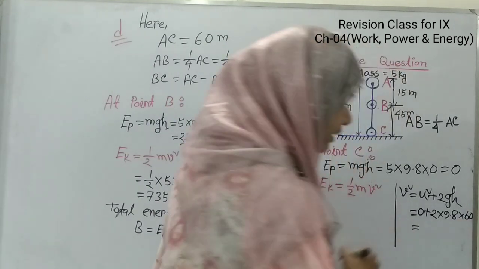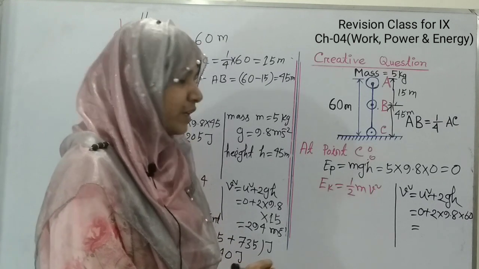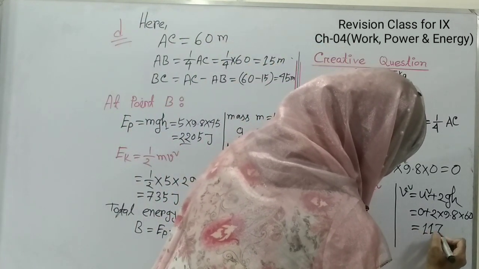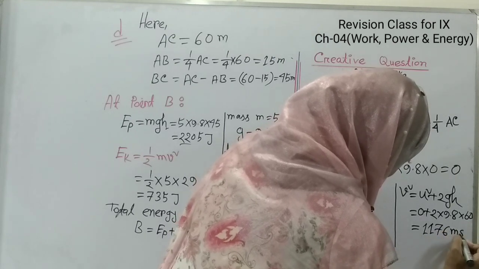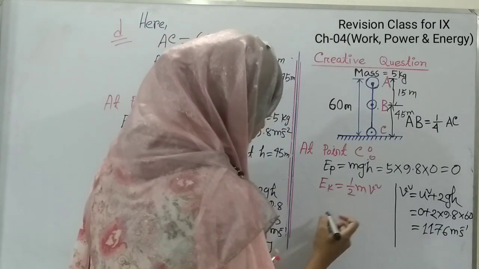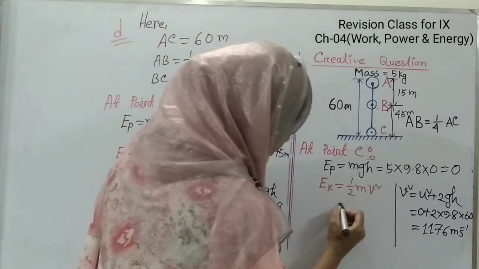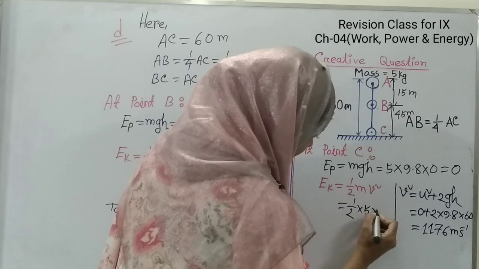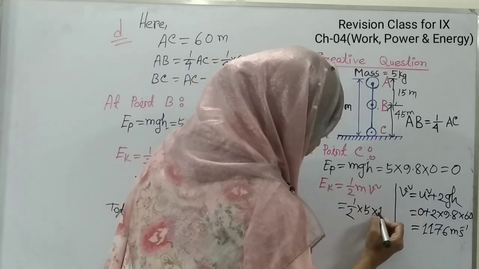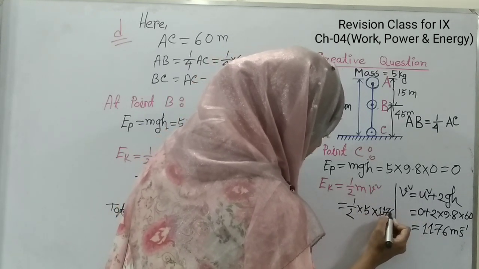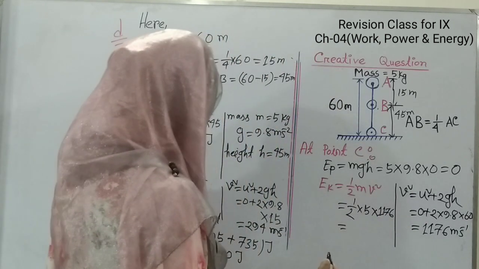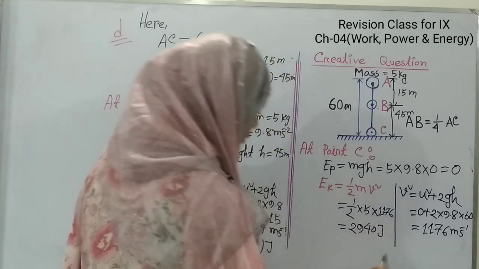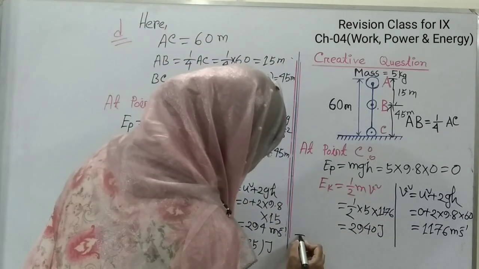So after calculating it, we will get the value of v square is 1176 meter per second. So now I am going to put the value of m, which is 5, and the value of v square is 1176. Now we will get 2940 joule.